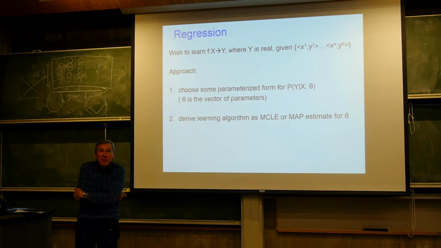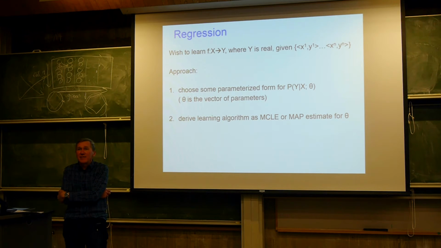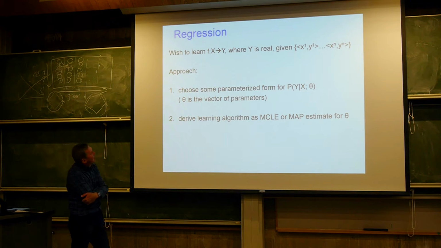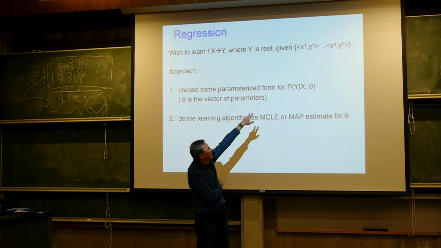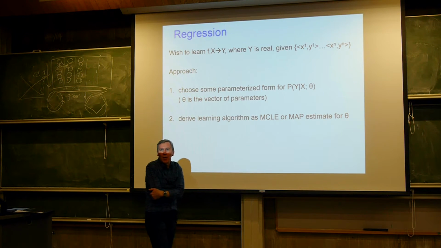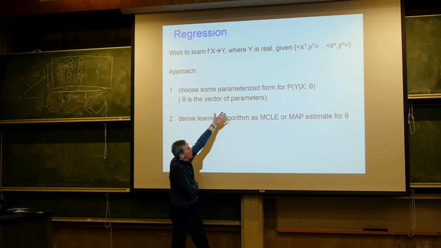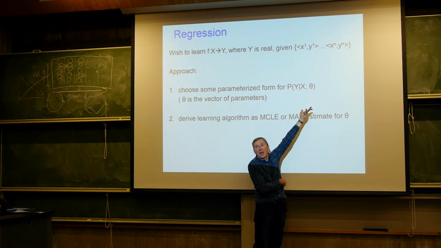It's the very same approach we've used for everything for the last week and a half. If we want to learn some function from x to y, and we're given training examples 1 through n, then let's do what we've done before. We'll choose some parameterized form for the probability of y given x.